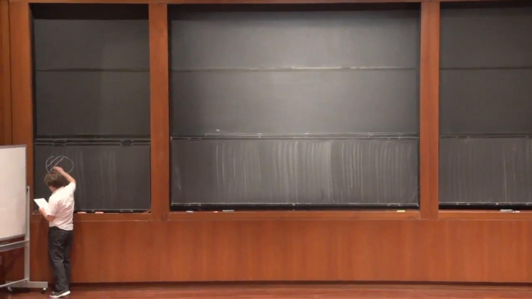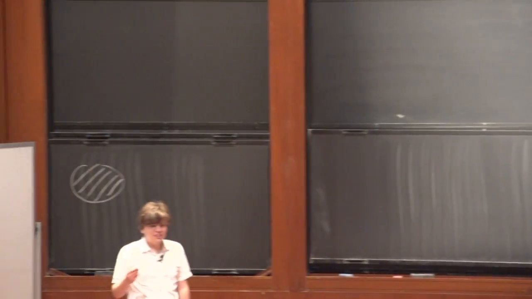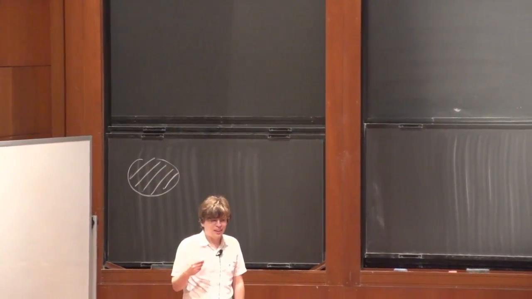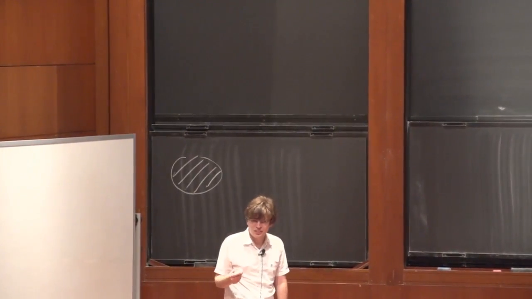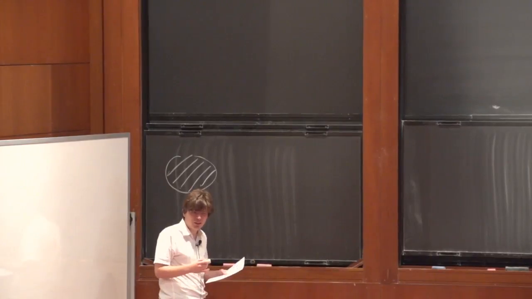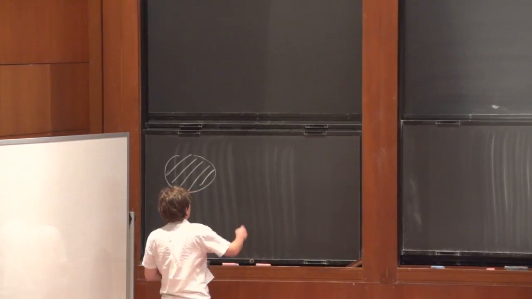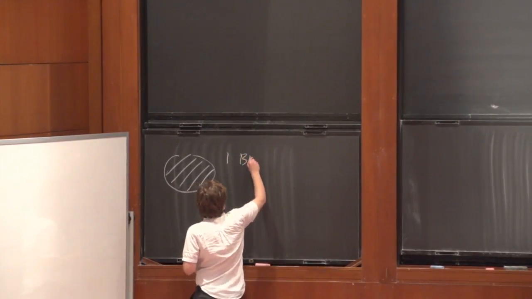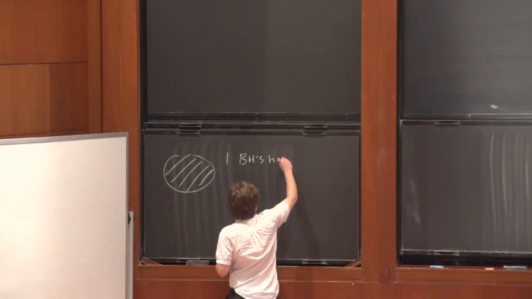So we have black holes, and there's two facts about them which are in striking intellectual tension, or some sort of paradox whose implications have not been completely resolved. One of them is that black holes have event horizons.